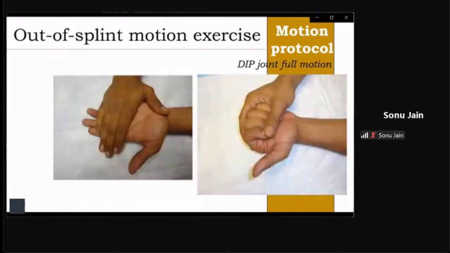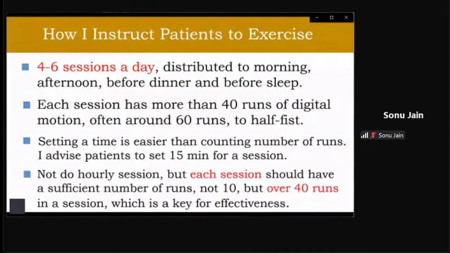And also do the passive motion for the PIP joint, because this small joint easily gets stiff. You should do some specific passive motion multiple times or sessions in a day to decrease the stiffness of the DIP joint.